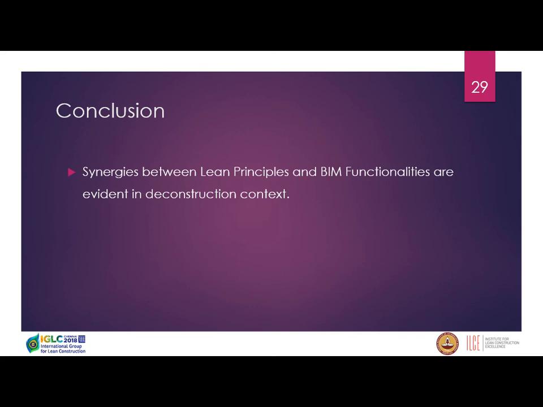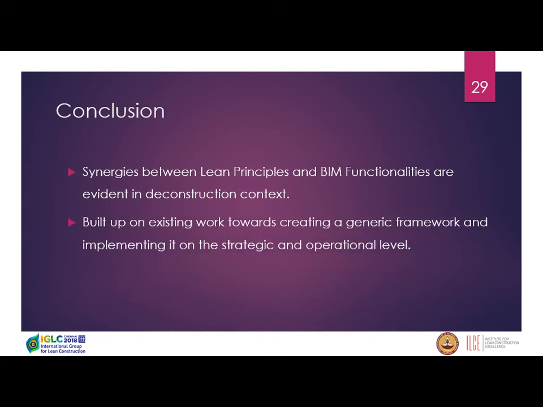However, there was evidence that there are synergies between lean principles and BIM functionalities. And we built on that, because that was the first part of the research, on creating a generic framework that implements it on the strategic and operational level.